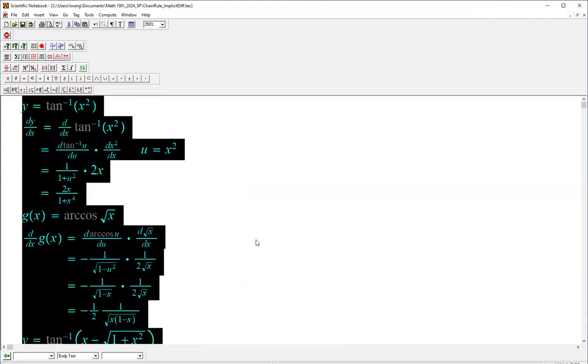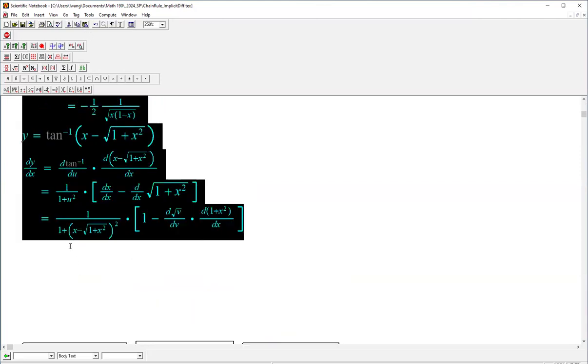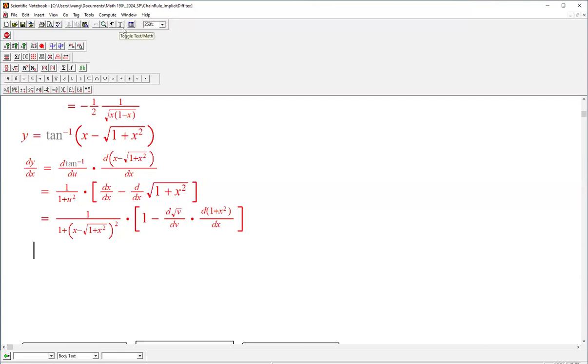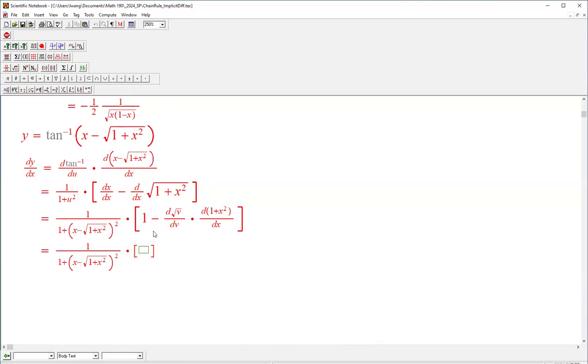You can see that we sometimes use the chain rule multiple times. We leave this part here for now and look at the bracket: 1 minus the derivative of the square root of v with respect to v, which is 1 over 2 square root of v, where v is 1 plus x squared.